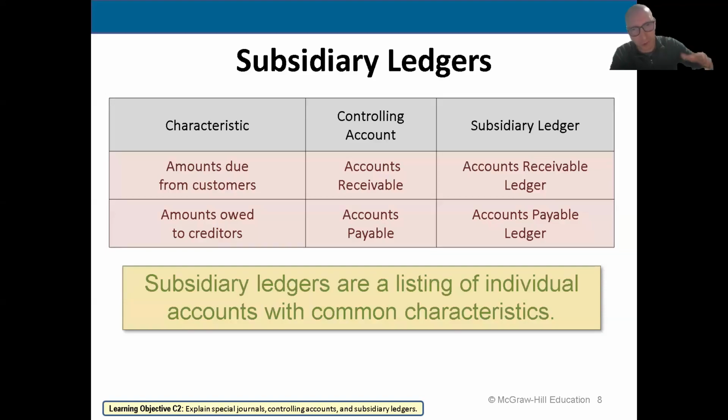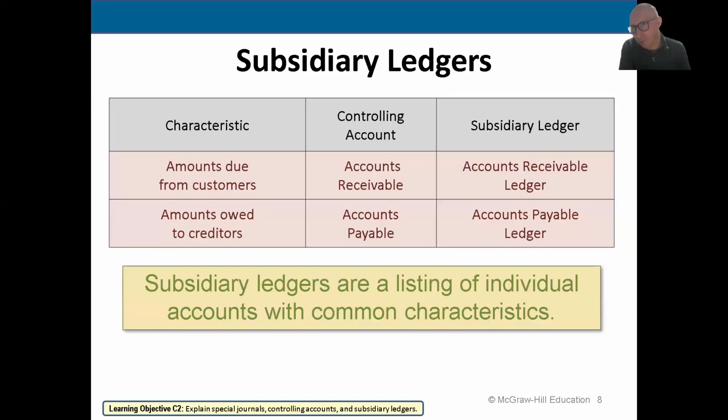The accounts receivable total represents all of my individual customers that owe the business money. When you see accounts receivable on the balance sheet, it has a total next to it. And that represents the total amount that all of your customers owe you collectively. The balance of the account, right?